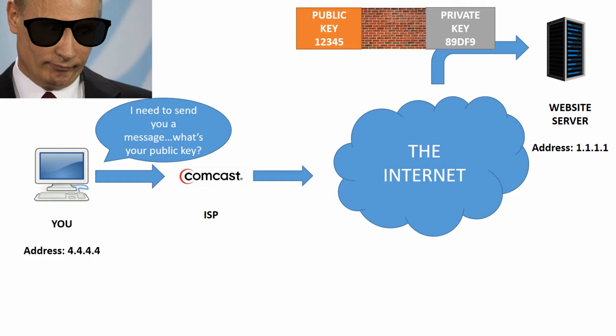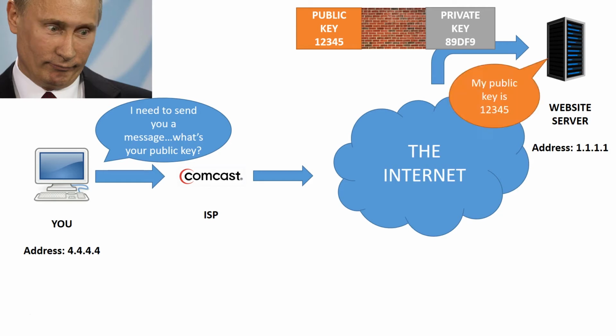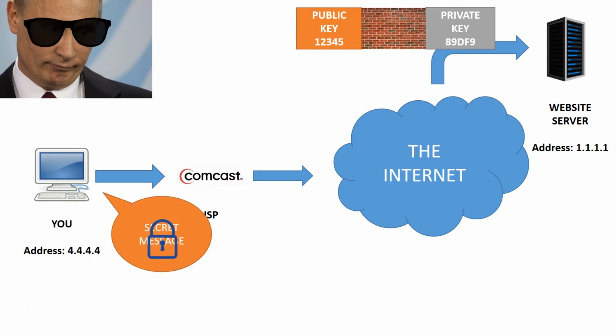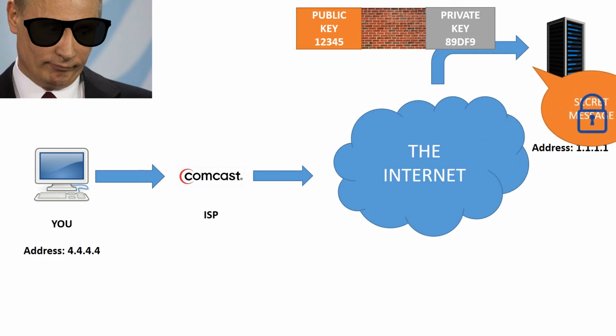So you want to send a message to Google, you say, what's your public key? And they tell you it's 12345. So you lock up the data with the public key, send it off. Russians can't read the data. Google takes the private key, they unlock the message, and they're good to go.